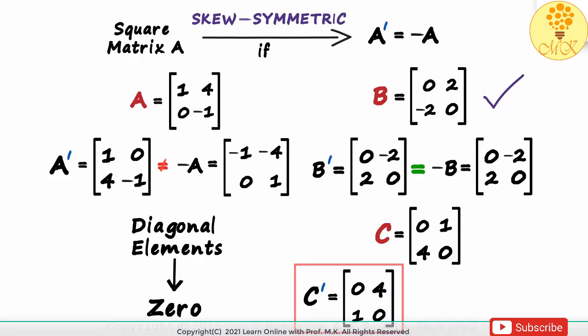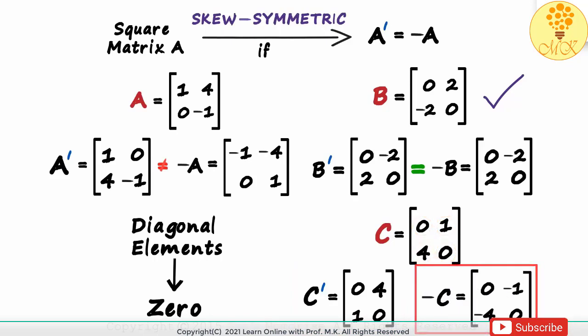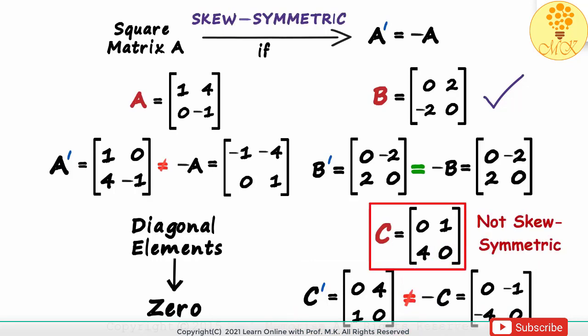This is C transpose. And what about negative C? Each element when negated gives us this. The negative of 0 is 0, negative of 1 is -1, negative of 4 is -4, and the negative of 0 is 0. Clearly, these two matrices are not equal. Matrix C is not skew-symmetric.